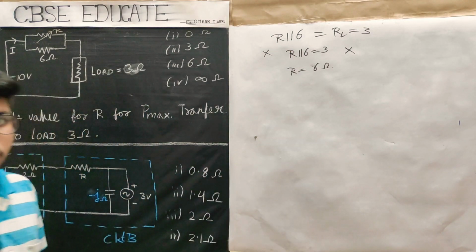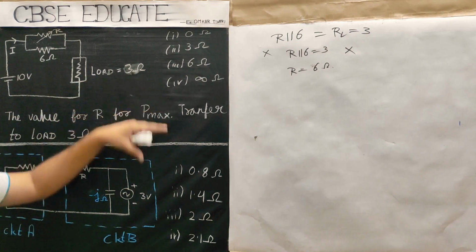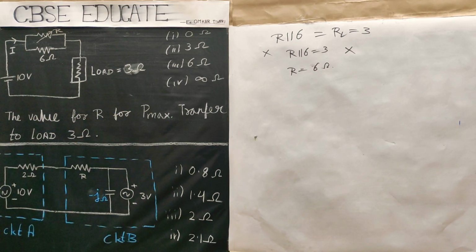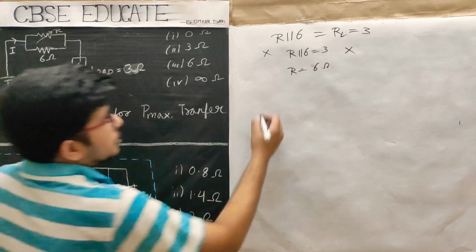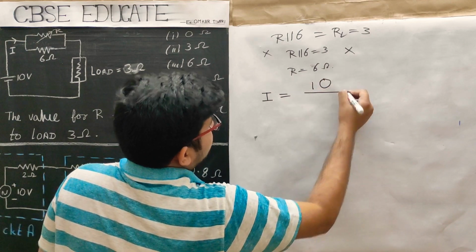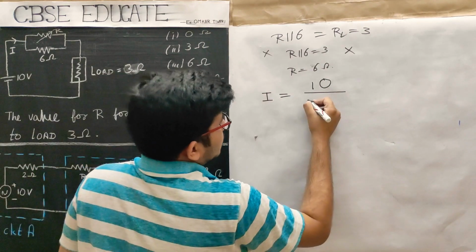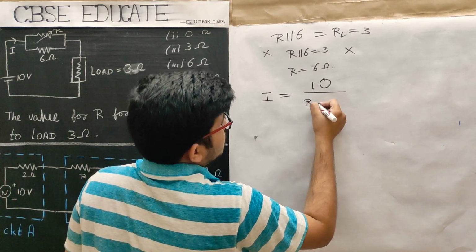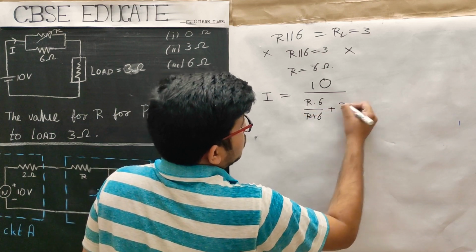So how can you proceed in such questions, when the load is fixed? See, the current I given here is equal to what? 10 volt divided by the whole impedance. Which means I is equal to 10 volt divided by R parallel 6 plus 3 ohm. R parallel 6 is R into 6 divided by R plus 6, in series with 3 ohm.